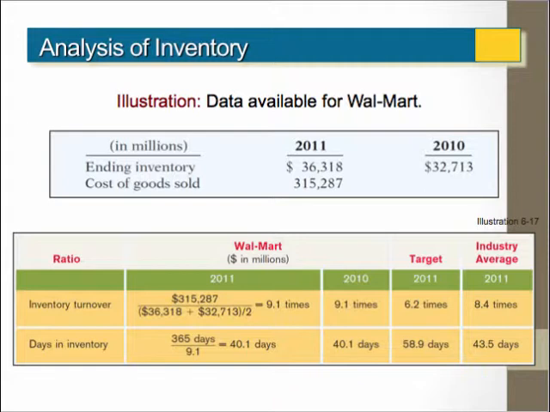In 2010, Wal-Mart turned over its inventory at the same rate of 9.1. Looking at Target, one of its most aggressive competitors, Target turns its inventory 6.2 times. When we look at that, we can see that Wal-Mart purchases inventory and sells it at a faster rate than Target.